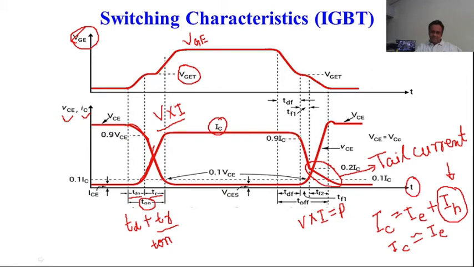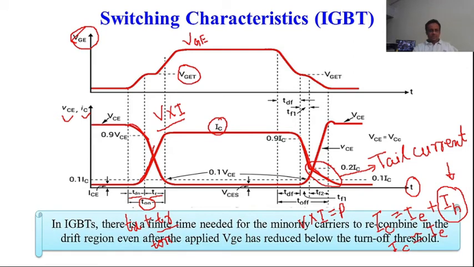Previously it was a sudden variation towards zero, and now it is gradual. So that is called a tail current. In IGBTs, there is a finite time needed for the minority carriers to recombine in the drift region even after the applied voltage VGE has reduced below the threshold voltage. So that is the reason.